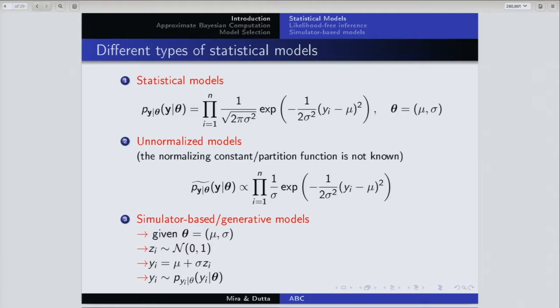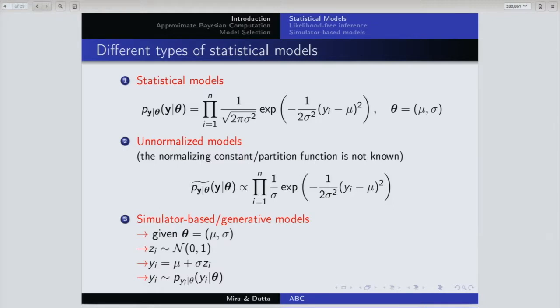Okay? So models of this form, we call them simulator-based models or generative models. And it's important to stress the fact that we can forward simulate from the model. And there are many models in real science that have this nature. Okay?